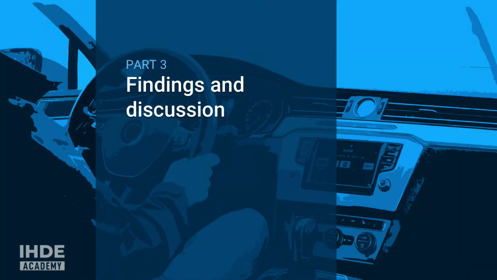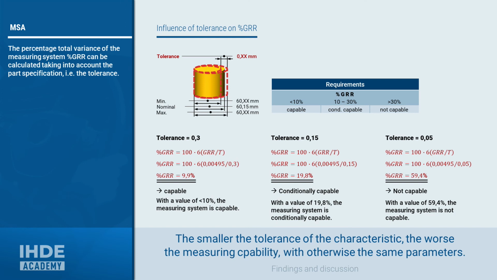Finally, let's talk briefly about some of the insights gained and discuss the results again separately. First of all, let's look at what influence the tolerance has on the suitability of the measuring system with otherwise unchanged values. We choose 3 different tolerances for this.